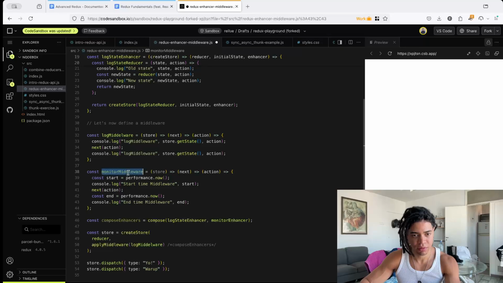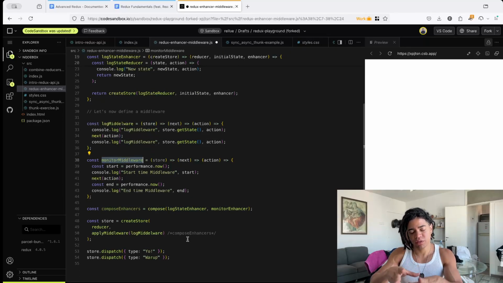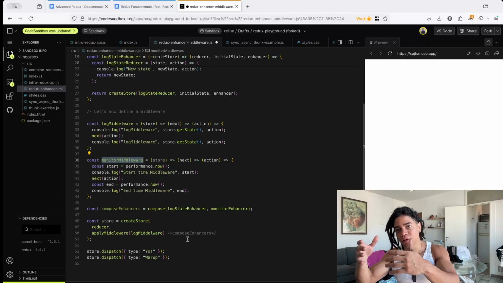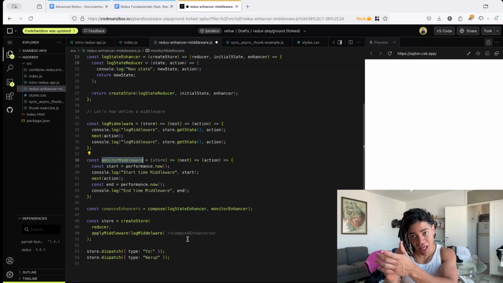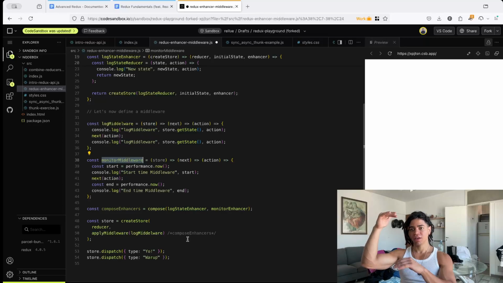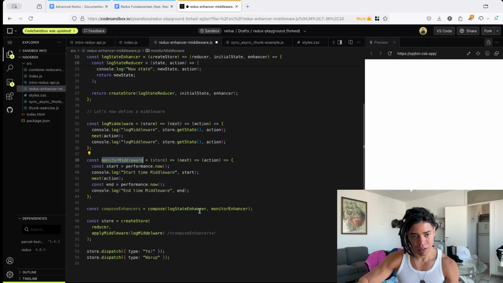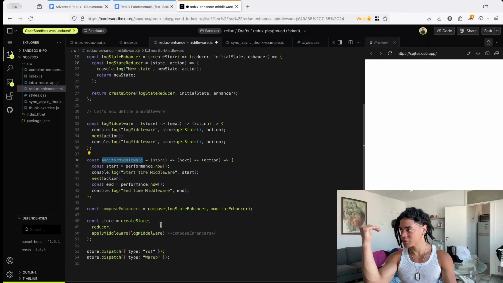When we now use the applyMiddleware API, it allows us to put all of these functions that sit between the actions and the updating state. They sit between them, so we can run this particular series of functions.